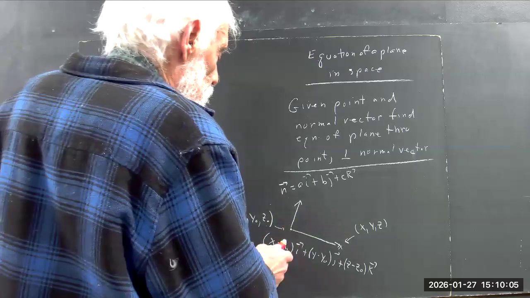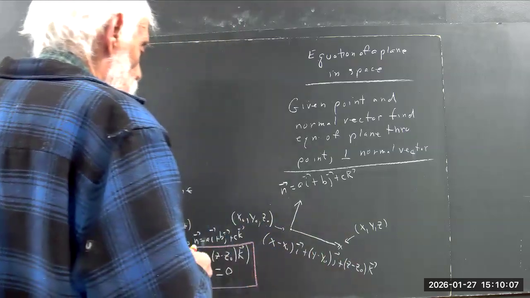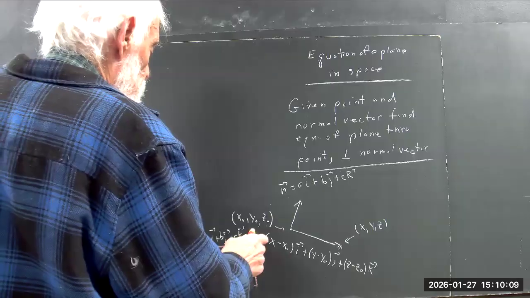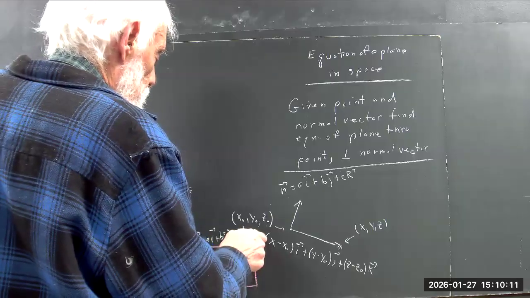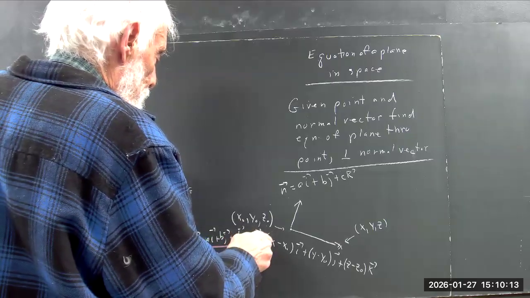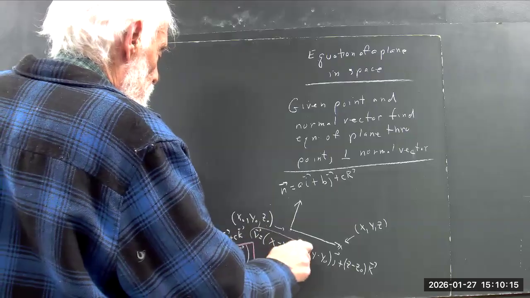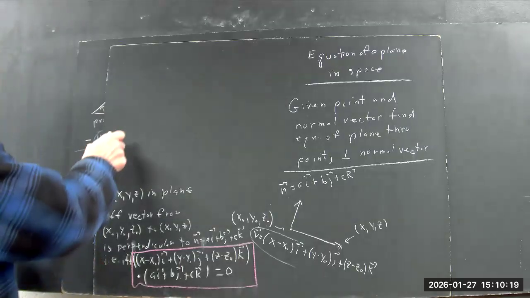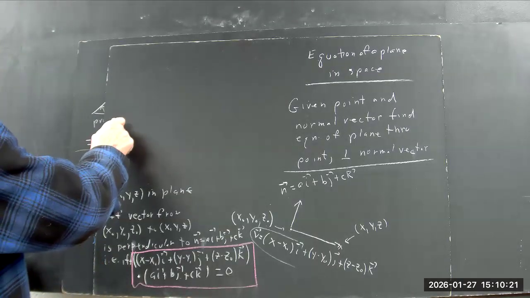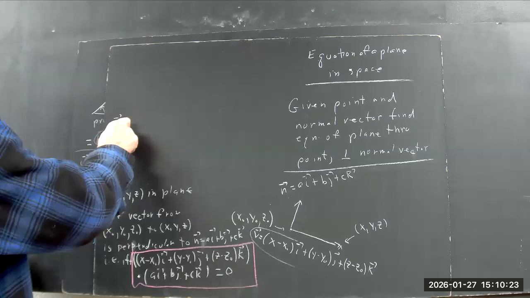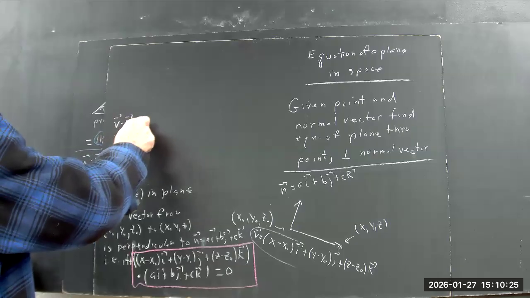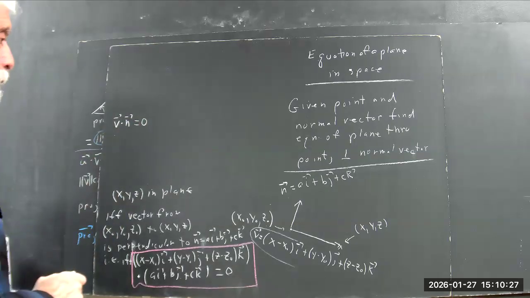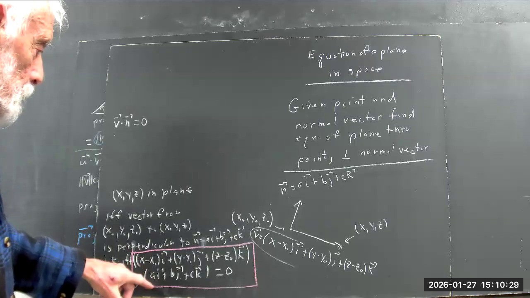Let's call this vector x minus x naught I plus y minus y naught j plus z minus z naught k. I'm not sure it's a good idea, but let's call it v. So v dot n equals 0. That's my equation here.